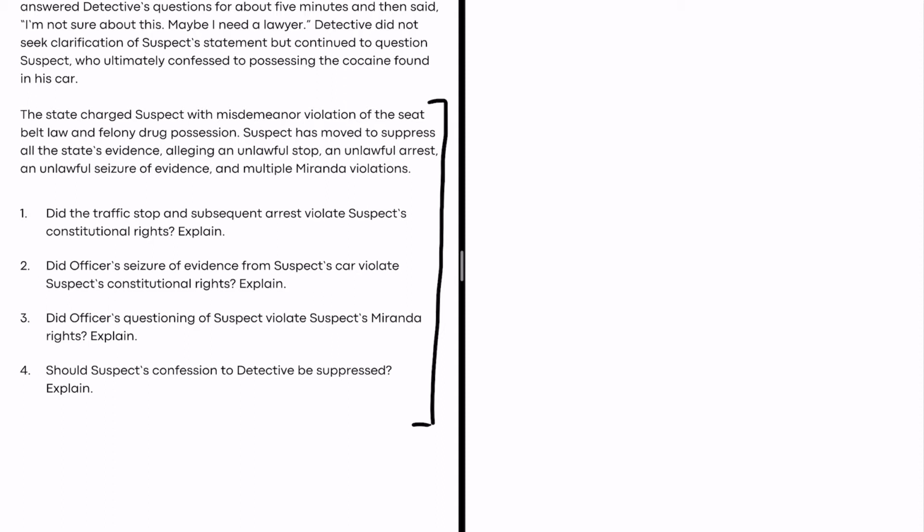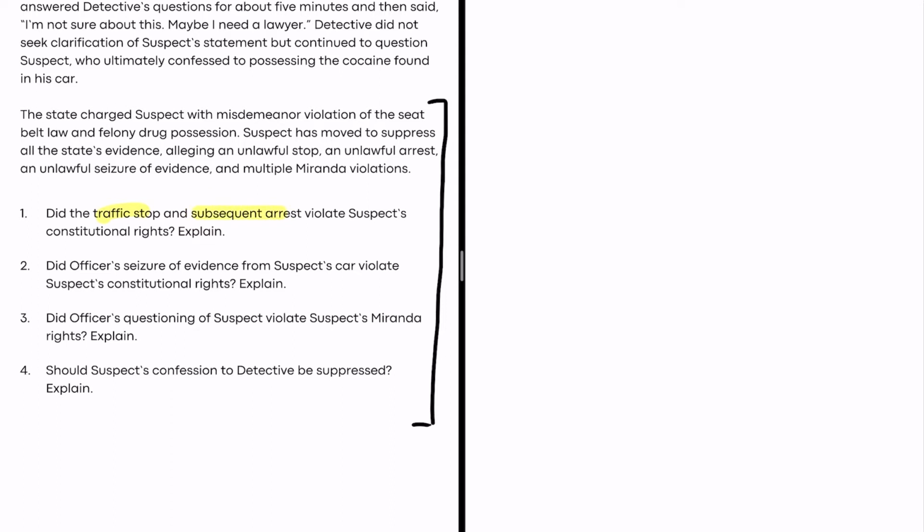If we take a look at this call of the question, it tells us that the state charged suspect with misdemeanor violation of the seatbelt law and felony drug possession. Suspect has moved to suppress all the state's evidence alleging an unlawful stop, an unlawful arrest, an unlawful seizure of evidence, and multiple Miranda violations. Question 1 asks, did the traffic stop and subsequent arrest violate suspect's constitutional rights?